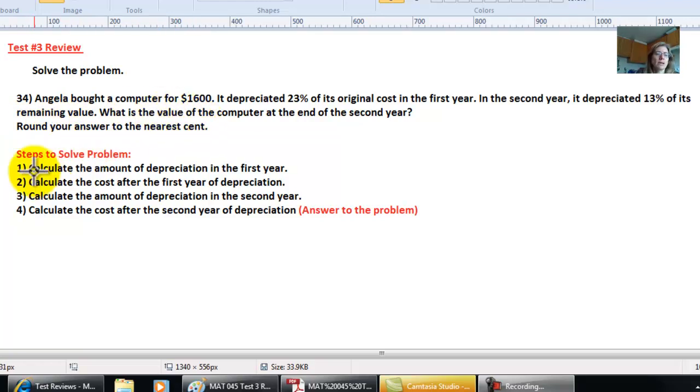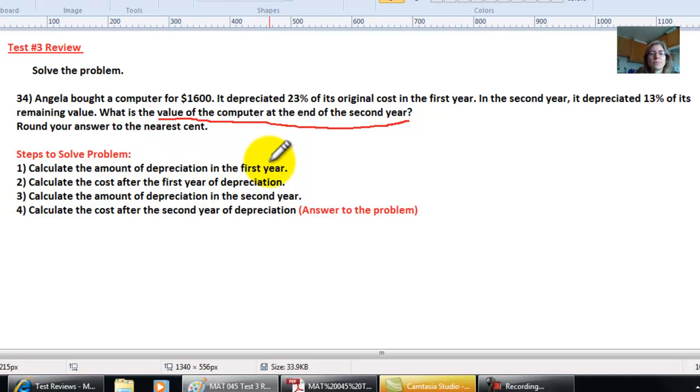And what I did is I broke it into 4 steps. The fourth step, finally giving you the answer, is to calculate the cost after the second year of depreciation, because that is what is asked: what is the value of the computer at the end of the second year. There are 3 steps in front of it. Step 1, calculate the amount of depreciation in the first year.